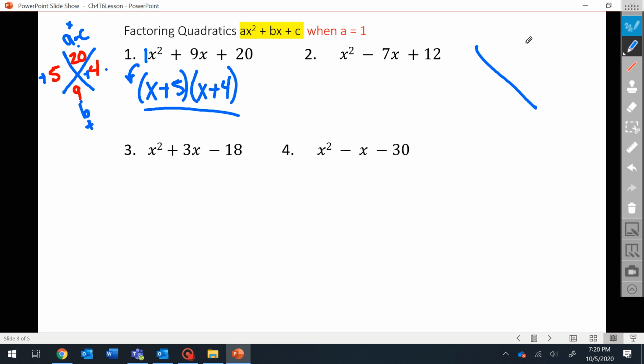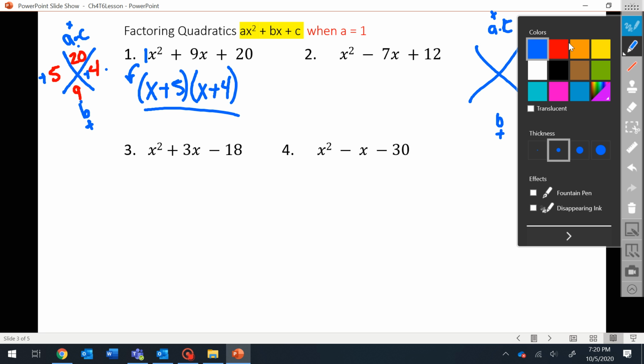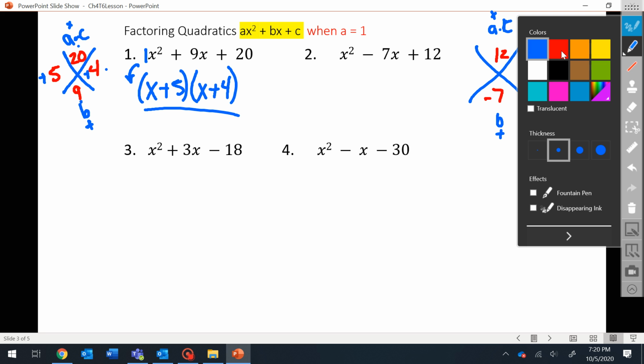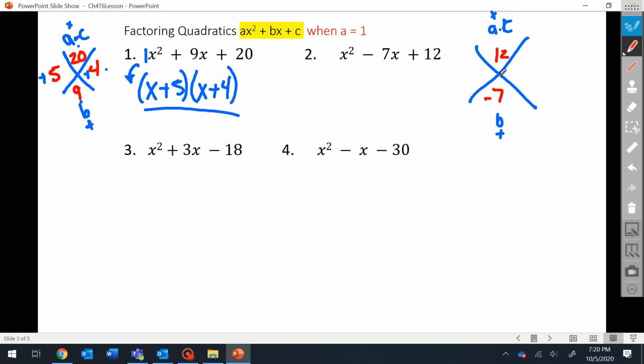Number 2, make my cross, a times c on the top, b on the bottom, multiply, add. I'm looking for two numbers that multiply to 12 and add to negative 7. I'm actually looking for two negatives, so negative 3 and negative 4.